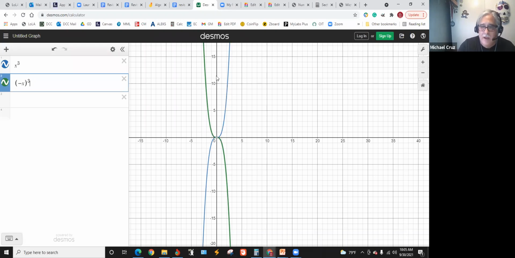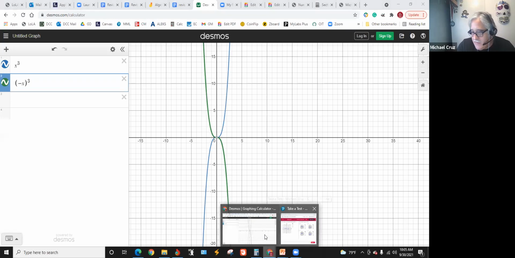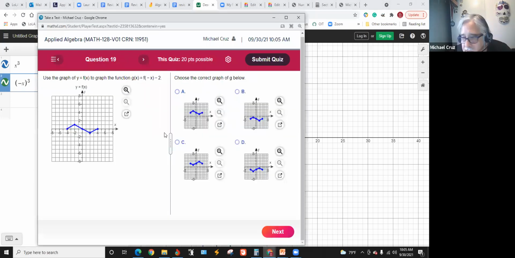And then the negative on the inside flips it over on the y. So it's reflected about the y-axis. I may have said x by accident. So which one of these reflects on the y? In other words, it's flipping it like it's on a flagpole. So it's got to be this one because this one is exactly the same as that one. So there we go.